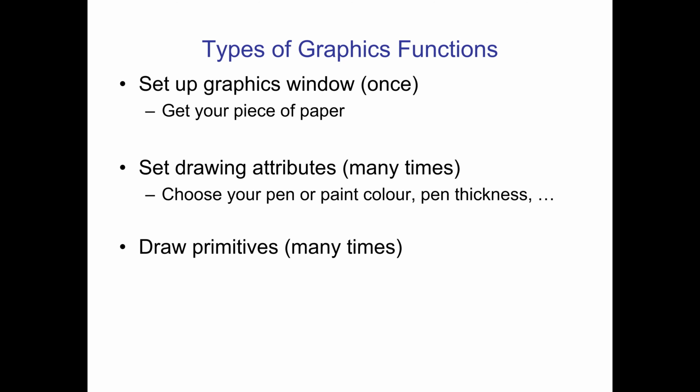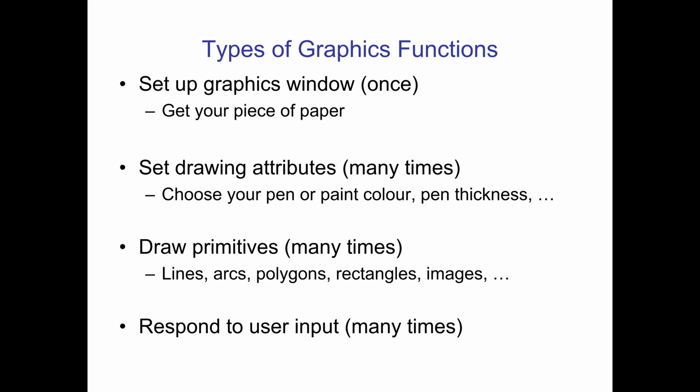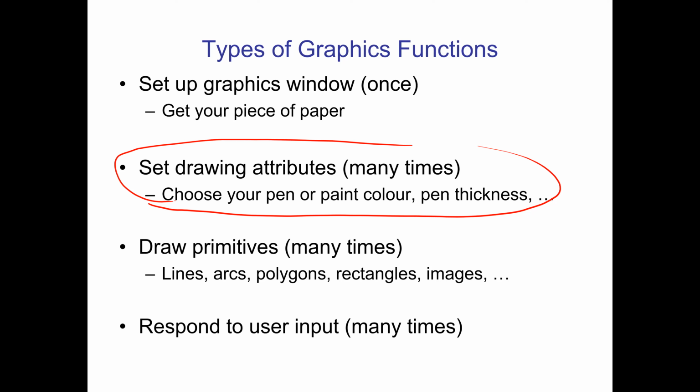Then you have drawing primitives calls, and you're going to call these many times as well. This is where you actually draw lines, arcs, polygons, rectangles, images. Images are like little pictures, bitmapped images that you can paste all over the place. So you have all those primitives. And basically how those things are drawn depends on what attributes you chose. Okay, did you say thick or thin, red or black?